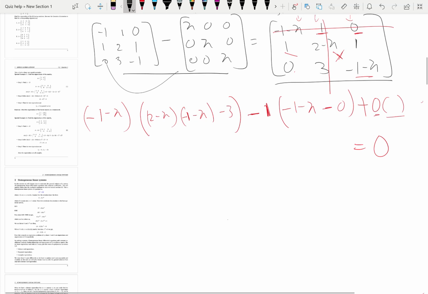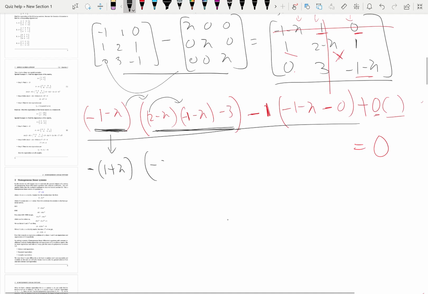My rule of thumb is please simplify what you have here, and do it carefully. Here I would like to take a negative out because I don't like negatives everywhere. So it's negative times 1 plus lambda. Before you expand the bracket, please simplify whatever you have inside it. So 2 times negative 1 is negative 2, 2 times lambda, negative 2 lambda, plus lambda, minus lambda, plus lambda square, minus 3.